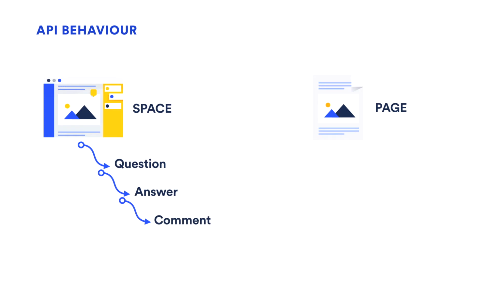From there, answers are contained within questions, and you can also have comments that are contained within answers or questions. But as I mentioned before, you can also have the other option, which is to have the content contained within another content type, for example a page. This is an example of a diagram add-on, specifically the model used by Gliffy diagrams.